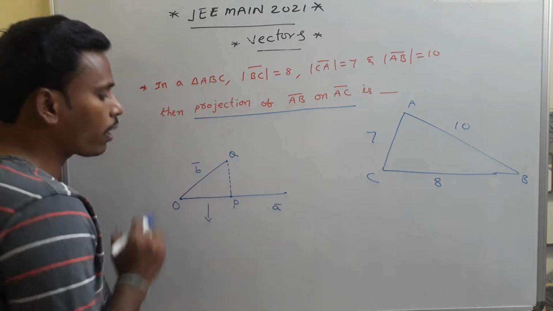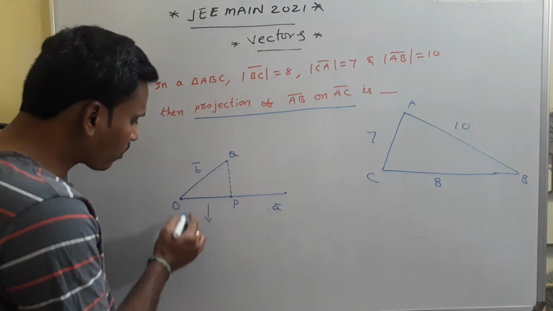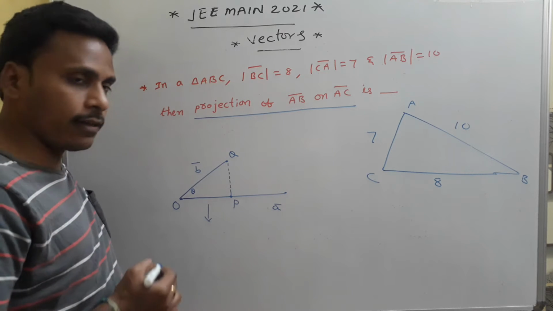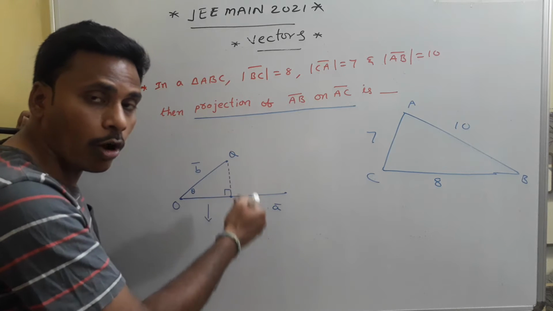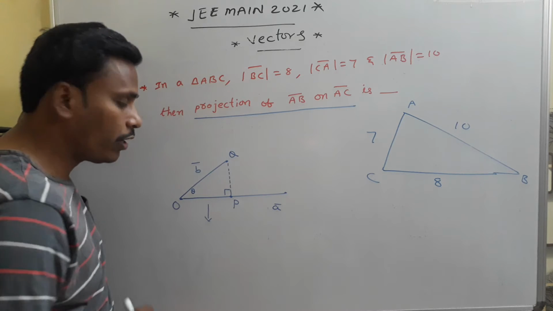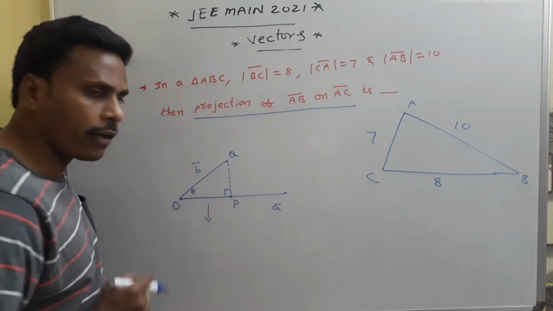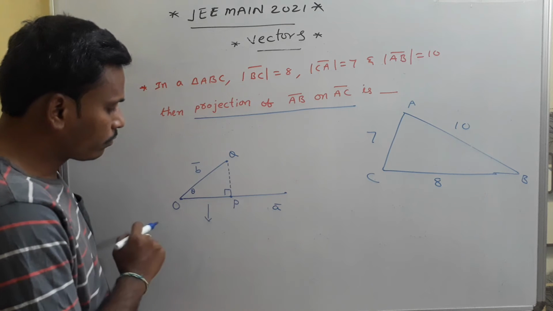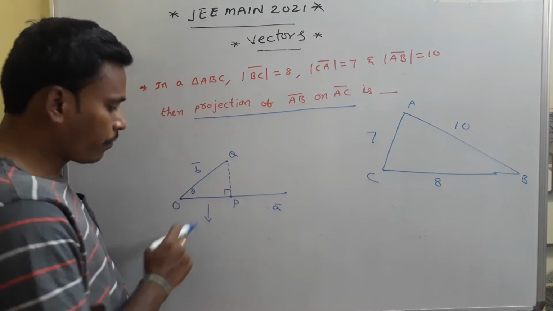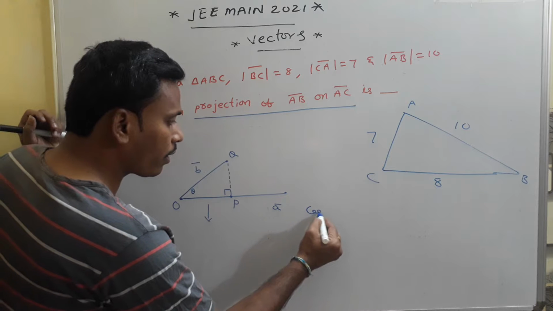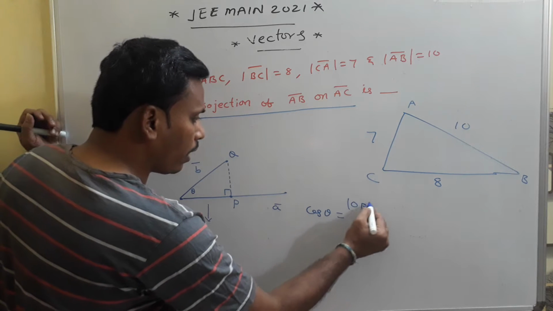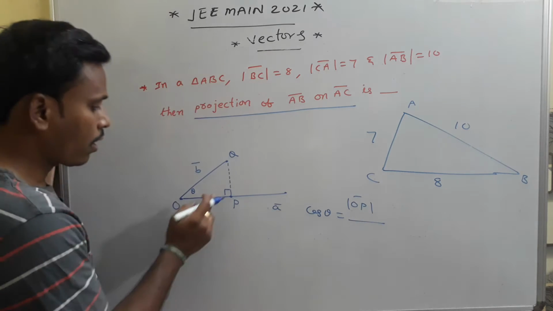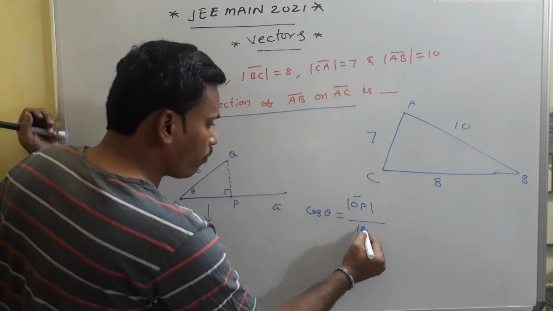So if we want OP, what should we do? Suppose you mark this angle as theta, and clearly this is 90 because we dropped a perpendicular here. From this you just apply cos theta. Cos theta is equal to OP, the adjacent side, so OP bar divided by the hypotenuse, modulus of B bar.